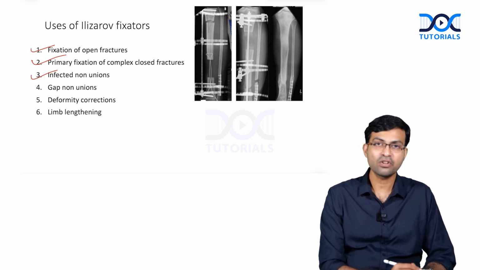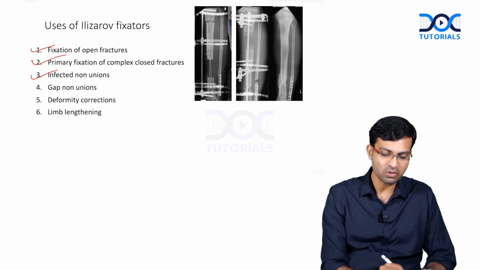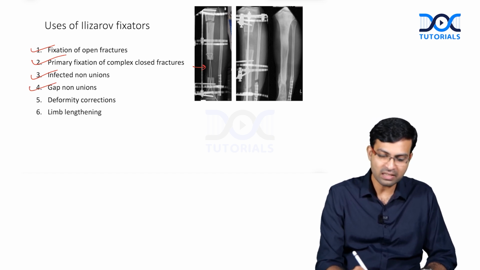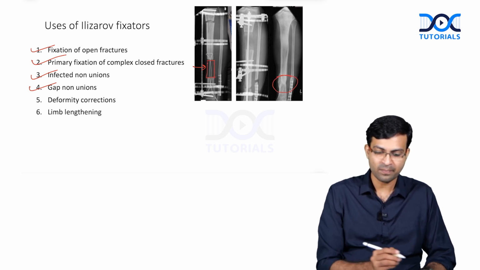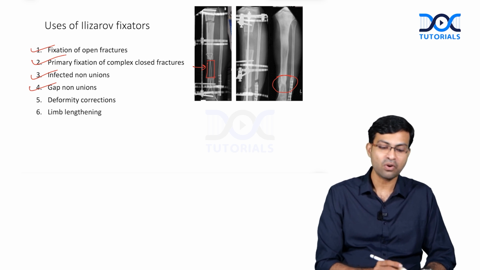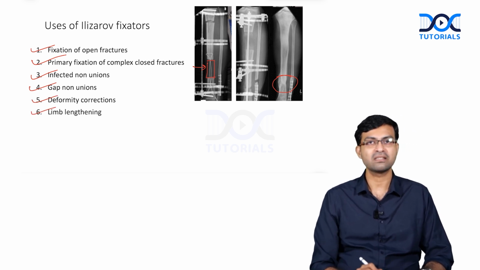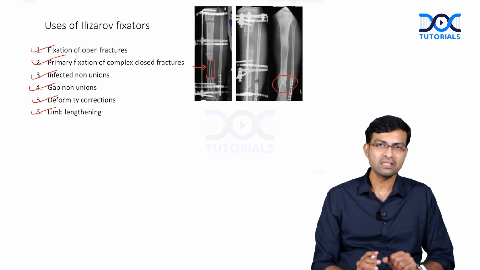Then for infected non-unions, it is the treatment of choice. For gap non-unions, you can see there is a non-union here with a large gap, and with Ilizarov fixation you can see that the gap is completely closed. So you can use it for gap non-unions, deformity corrections and limb lengthening procedures. So these are the uses of Ilizarov fixator.